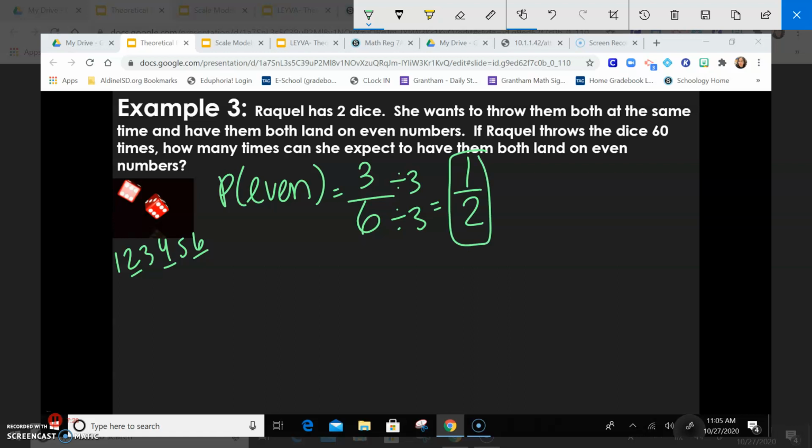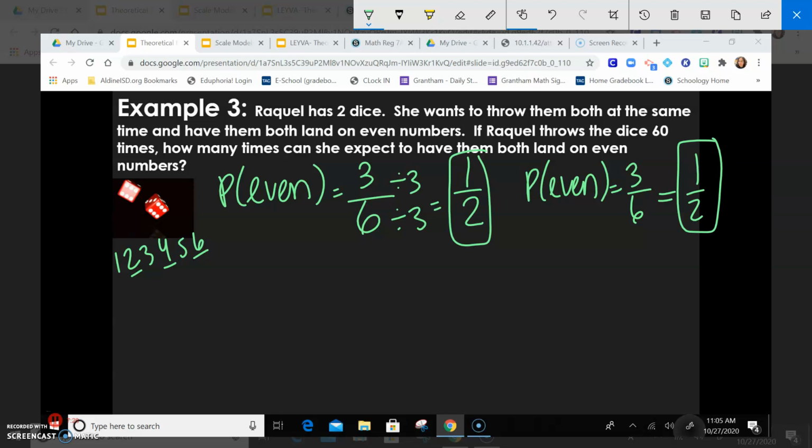Well, what about the second dice? I still want to land on an even number, so I'm still going to have 3 chances out of 6, which we've already figured out. If we simplify it, it's actually just 1 out of 2. So I have the probability of both events happening, 1/2 for one and 1/2 for the other.